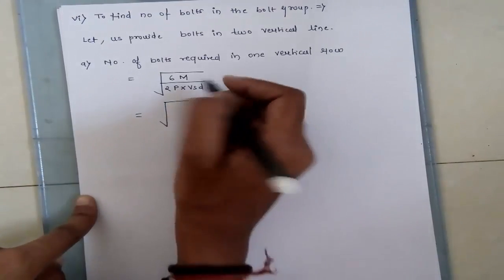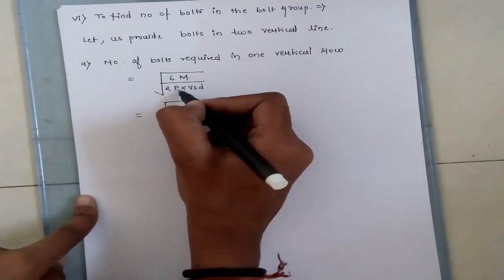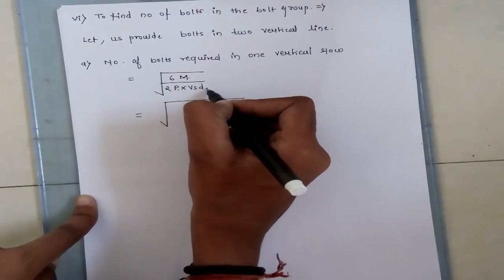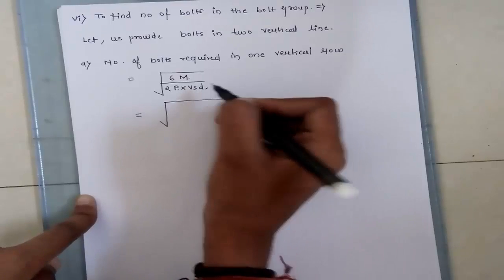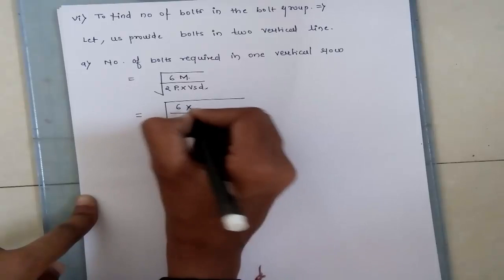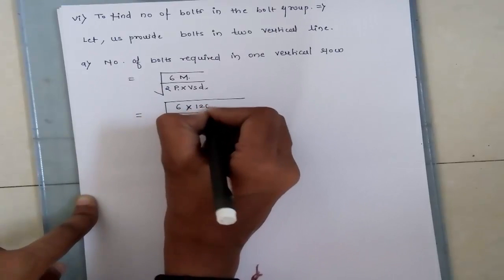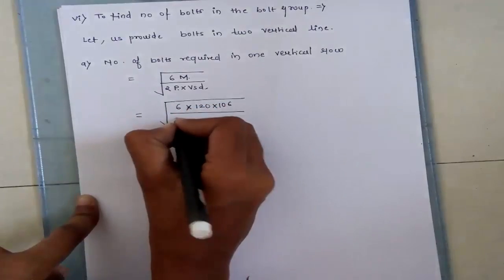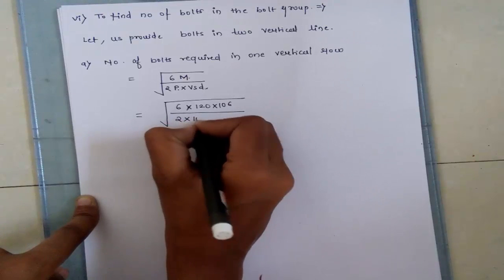We have already calculated the value of moment, the minimum pitch and the design strength of bolt, or we can say the bolt value. After putting in these values we get the number of bolts: 6 into 120 into 10 to the power 6, over 2 into 100.